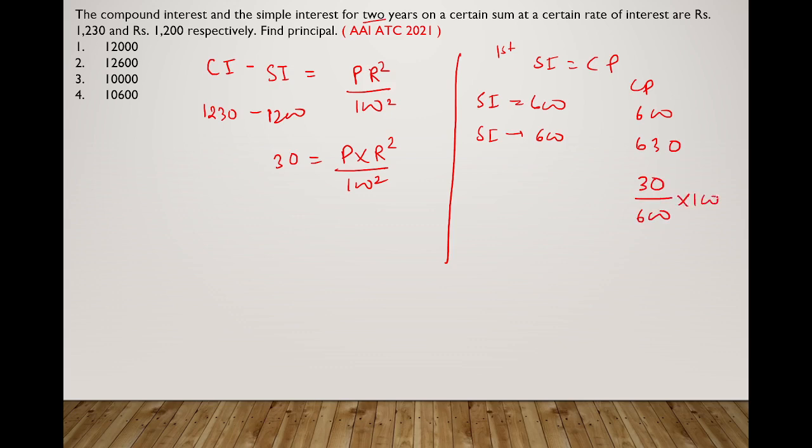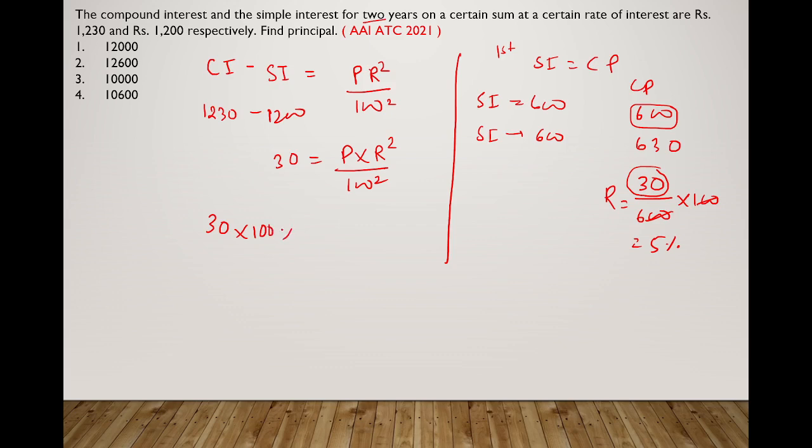So this is the rate of interest, because at what rate is it increasing? Increasing by 30, and by how much? It means 600 increases by 30, so from here we can find out the rate of interest. So it becomes 5%. So let's put this value here and get the solution of the question.